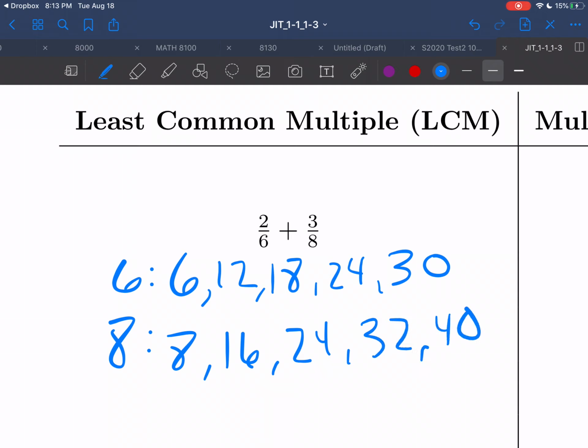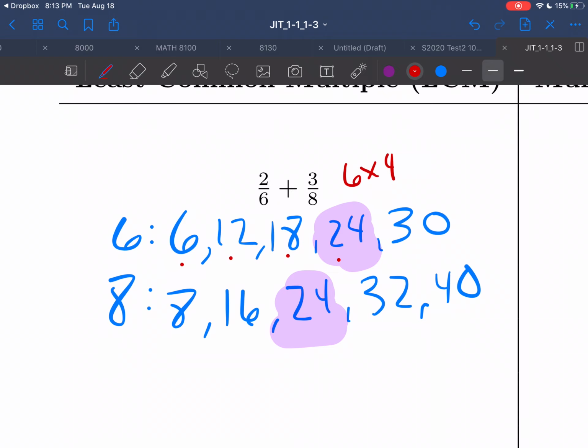What we're looking for when we do this is the least one that they have in common. In this case, that would be 24. So with 6, it's 6 times 4 to give me 24, and with 8, it is 8 times 3.